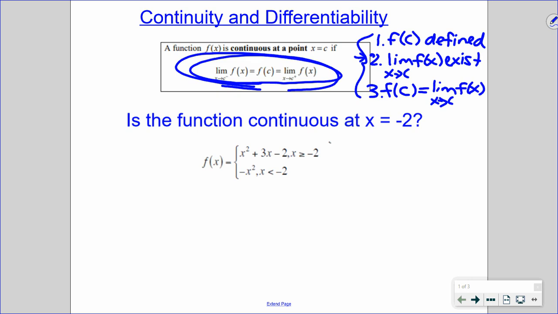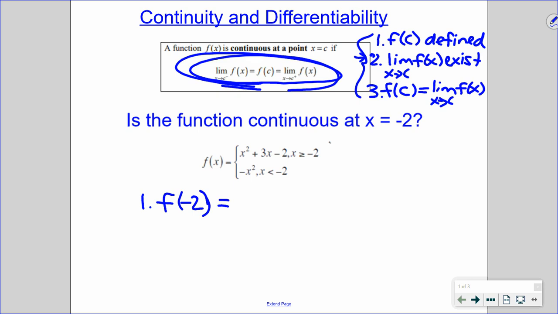Is the function continuous at x equals -2? To answer this question, you want to go through the three steps or tests of continuity, okay? So you just start with step 1. Find f of -2. So remember, when we're evaluating a function, we are trying to figure out what y equals when x equals -2.